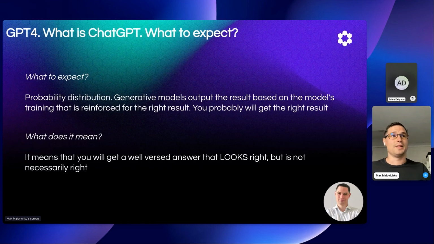So the very important thing to understand here is that since it's a probability distribution, based on your input you're going to see output that looks right, but is not necessarily right. If you understand that, you need to bring your domain knowledge to the table. Now you work with ChatGPT in conjunction, where you, being a domain expert, if we're talking about software engineering, should be able to understand the produced code.